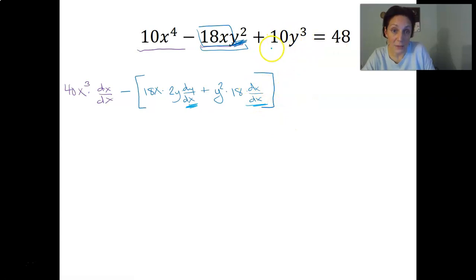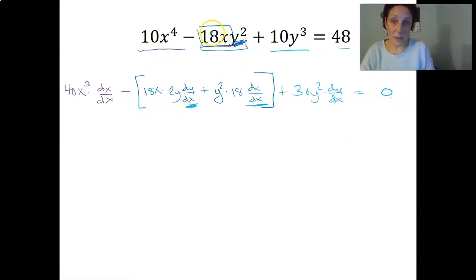Now I need the derivative of 10y cubed, so that's 30y squared, again, dy dx, and then equal to 0, because the derivative of 48 is just a 0, it's a constant. Notice the fact that we have a product here made our algebra a little bit more complicated, but it's nothing we can't handle.